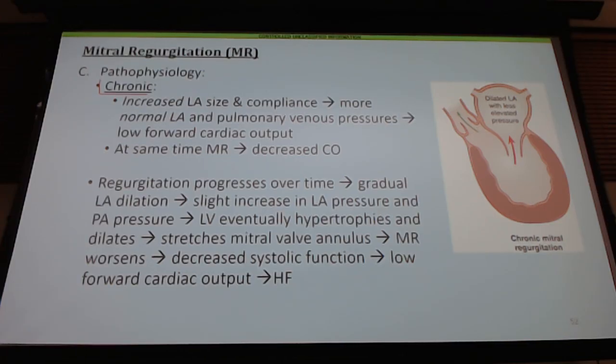So now I can accommodate a much larger volume regurgitating before there are additional impacts, like affecting the pulmonary system. So what ends up happening in this case is pulmonary stuff may not be present, but you definitely are going to have that decreased cardiac output symptoms because all that volume is going up to the atria and not out through the aorta into the peripheral arterial systems.